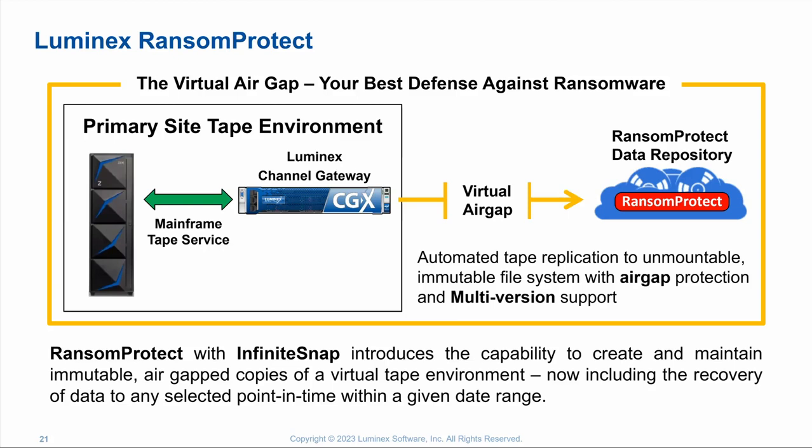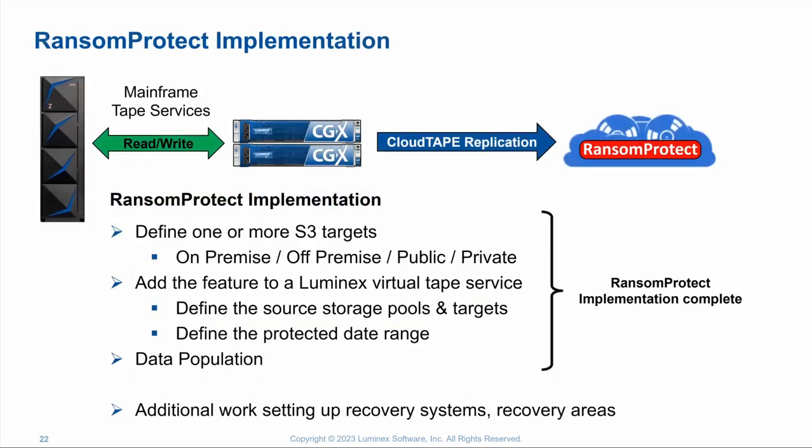If you're looking to set this up, for us, it's a very straightforward implementation. You would have one or more S3 targets, whether it be on-premise, off-premise, public, private, etc. We would add the feature to a Luminex virtual tape service, define the source storage pools and targets, define the protected date range that you're looking to exploit.